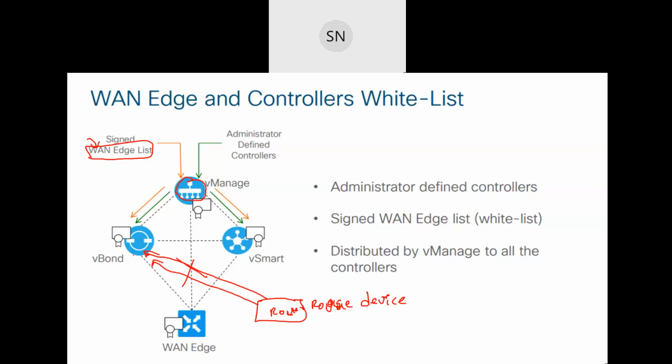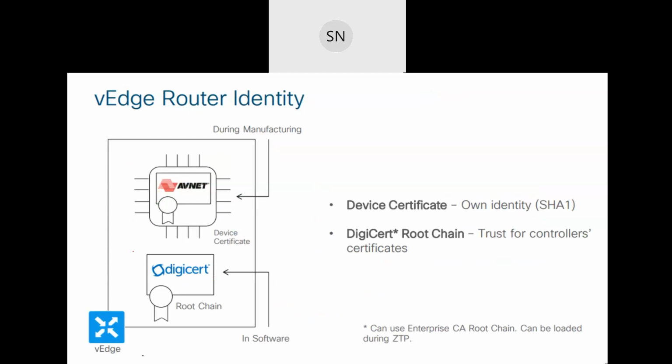But later on, when you are purchasing new devices for new provisioning of branches, it is the administrator's duty to look into your smart account and the virtual account portal to see that the new device serial number gets added, and then that is loaded onto your vManage and pushed to vBond and the vSmart.